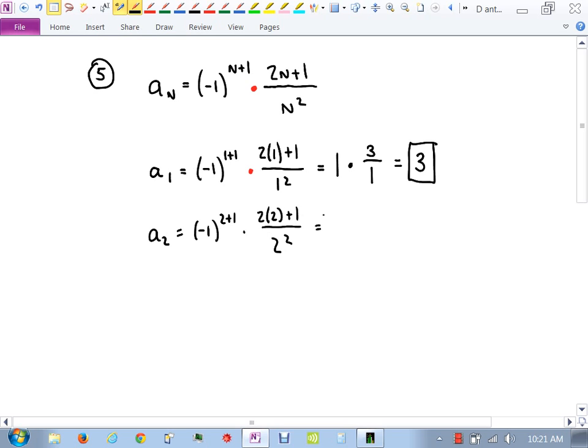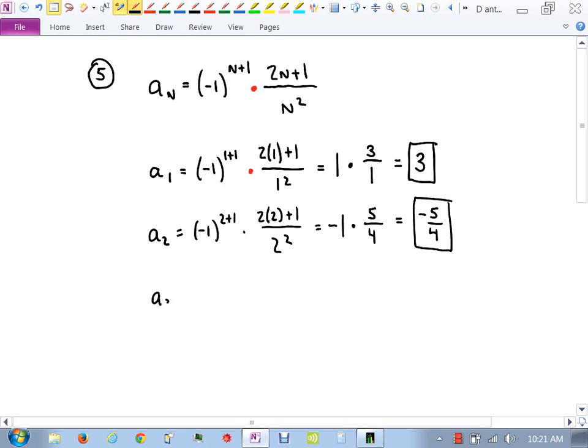What's -1 to the third power? -1 times, what's 2 times 2 plus 1? 5 over, what's 2 squared? 4. So this is really just -5/4. Okay?